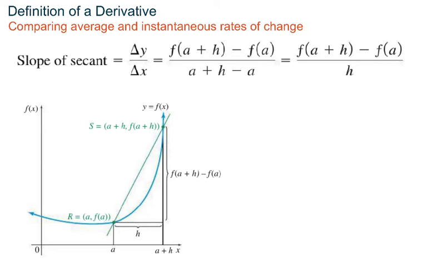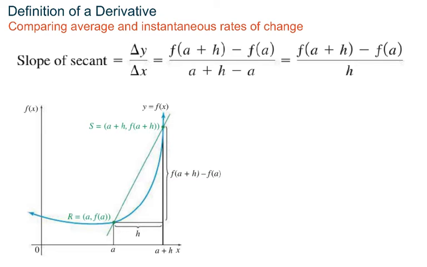So I've brought in a visual here because we're really going to compare these ideas of a secant line to a tangent line. So think about this point R, which begins at A, and S, which we could call B, or is actually h units away. That distance between A and B is h units away.